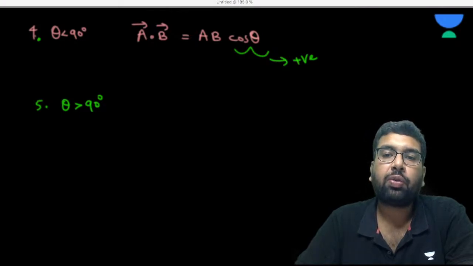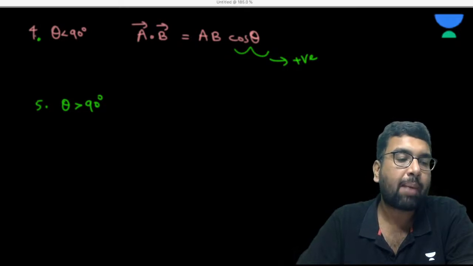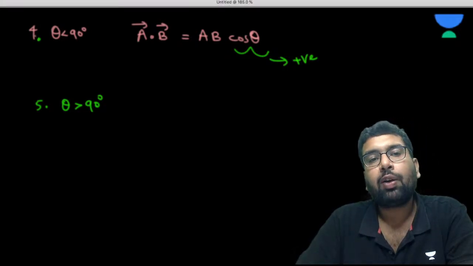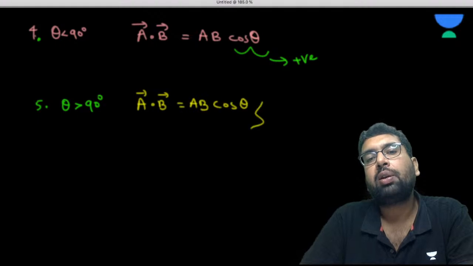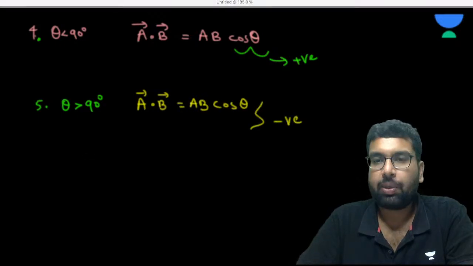If it is going into the fourth quadrant, what is going to happen? There is nothing like that. It will be either 90 degrees, less than 90, greater than 90, 0 or 180 degrees. So in this case, the dot product is going to be negative. I hope it is fine to you.